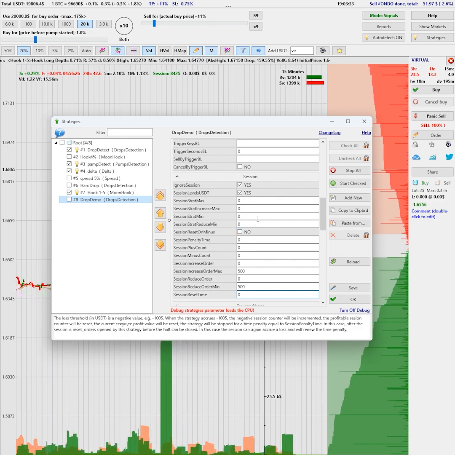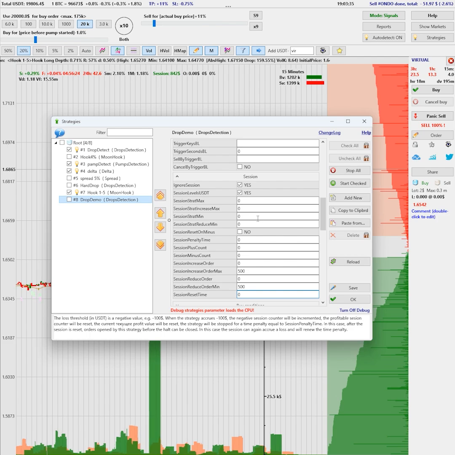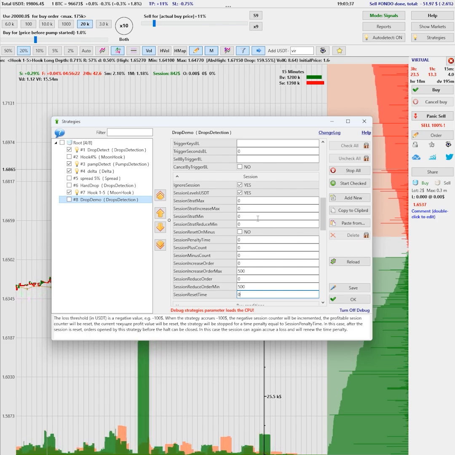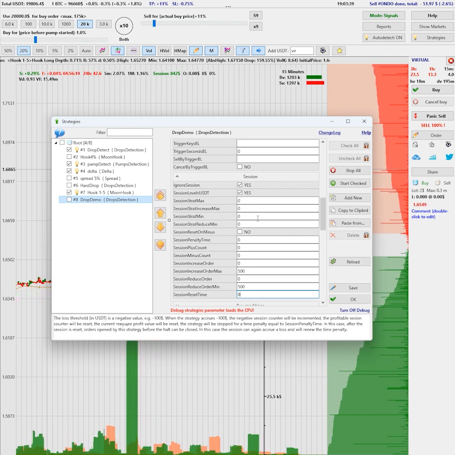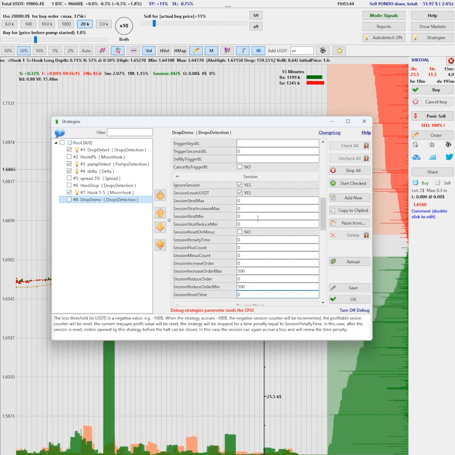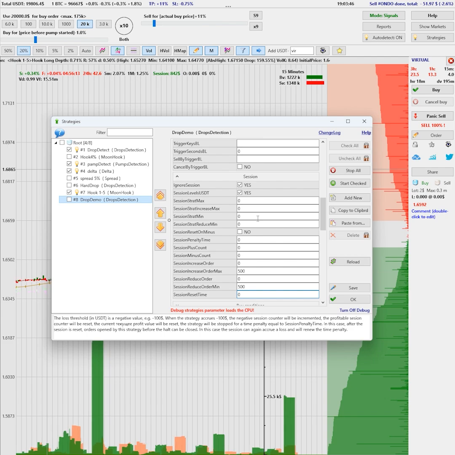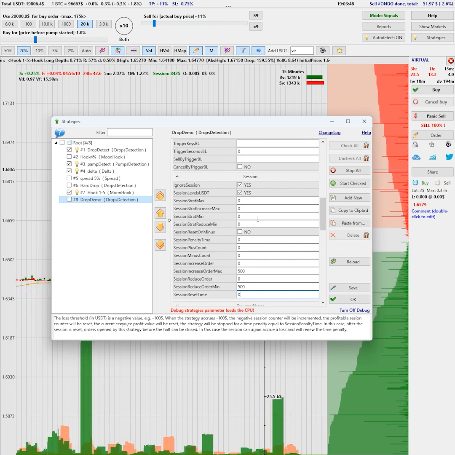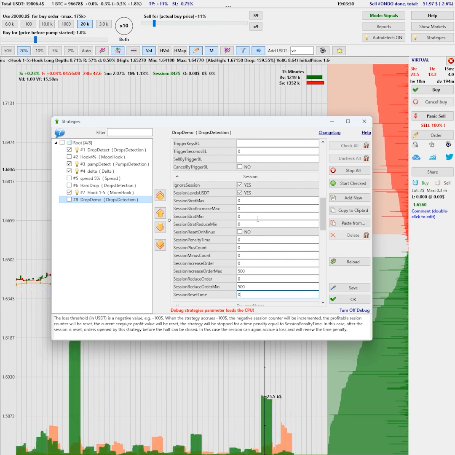Whenever the day starts, different drop detection strategies start to work, and the ones that don't perform well decrease the order or get turned off completely, and the ones that do work continue increasing the order aggressively. So this basically guarantees them that every single day something works.